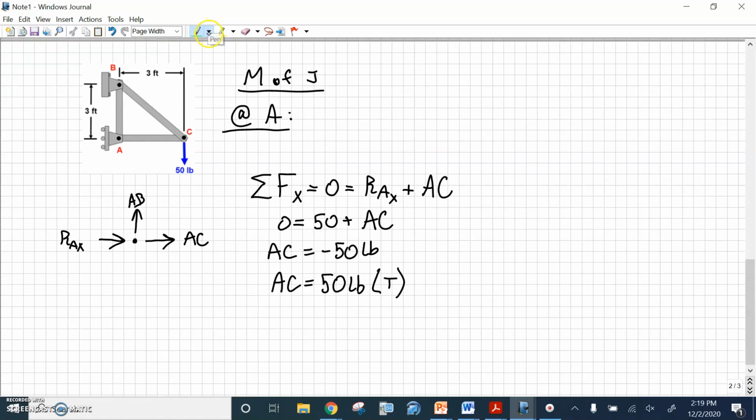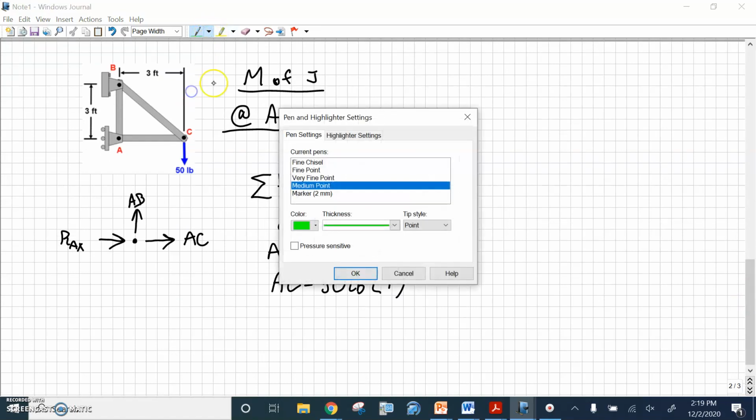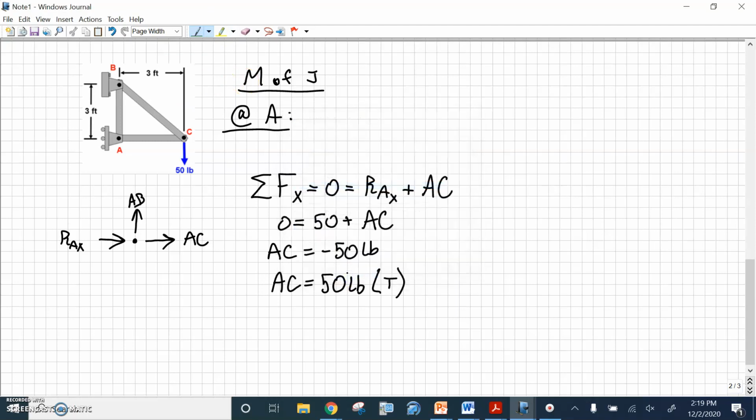So let's rewind. If I could, I would, and correct myself. That is not tension. We assumed tension, and we got negative 50. Because we have a negative, our assumption of tension was wrong. That means that we have compression.